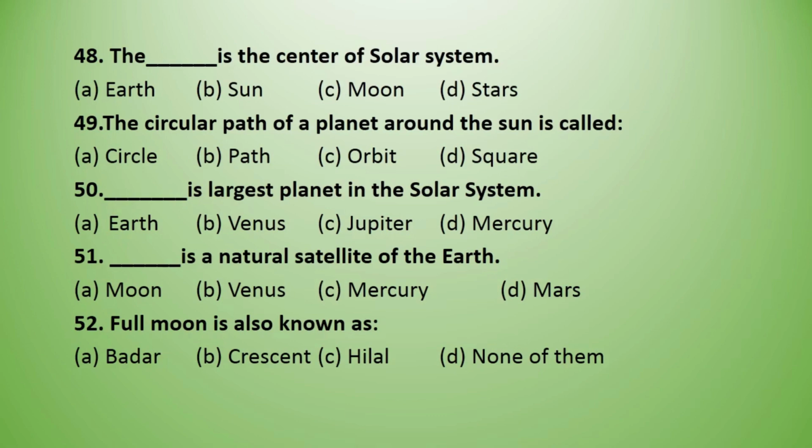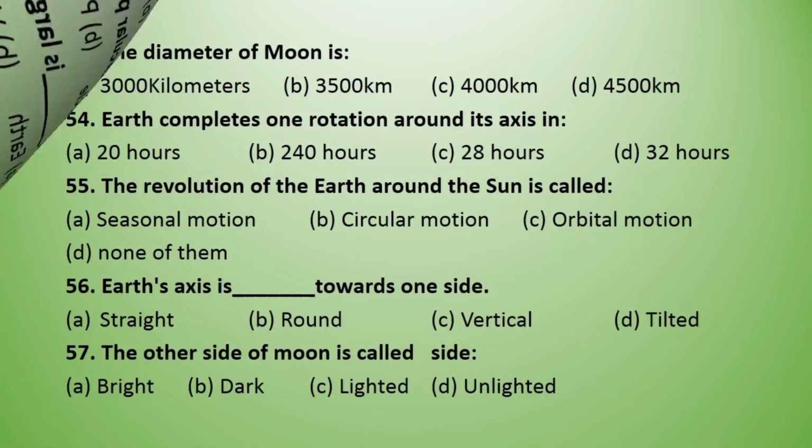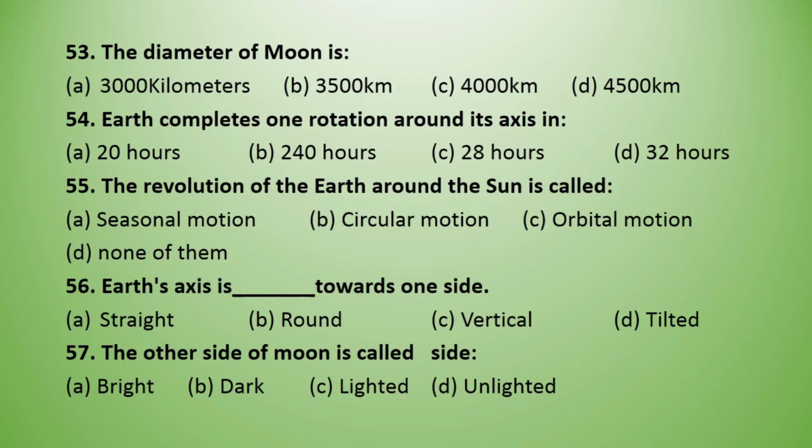Answer is A. Badr. 53. The diameter of moon is A. 3000 kilometers. B. 3500 kilometers. C. 4000 kilometers. D. 4500 kilometers. Answer is B. 3500 kilometers.